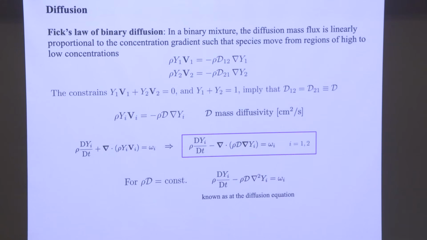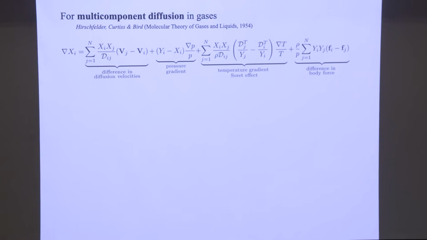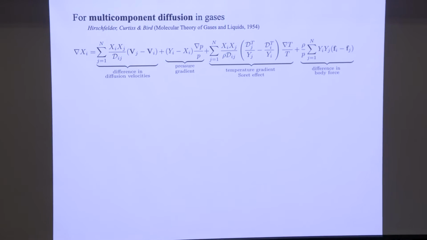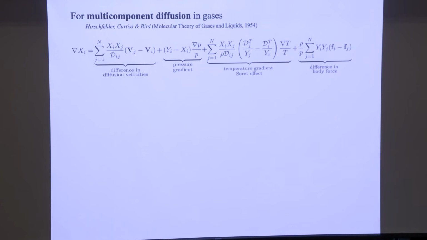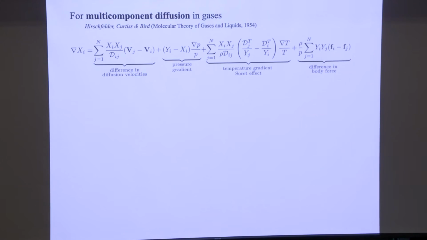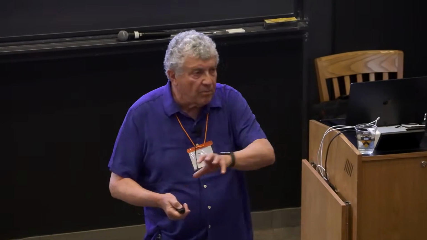Now, what happens if you have many species? The multi-component diffusion in gases was first given in Hirschfelder, Curtis, and Bird, and it's written in that form. It's a very lengthy form, so let's just point out a little bit what it involves. First of all, it's not written as Fick's law, where the diffusion velocity is given explicitly, but it's related in an implicit way.